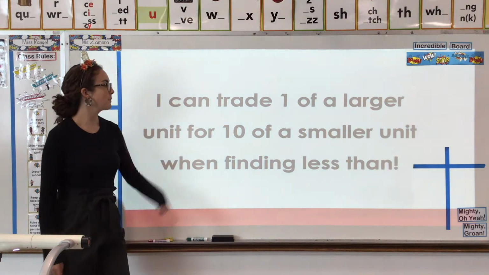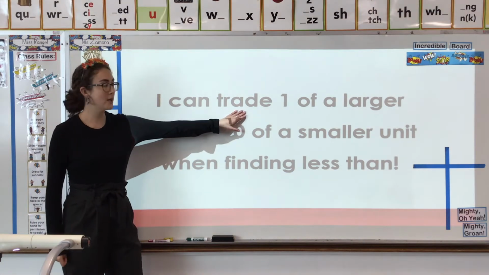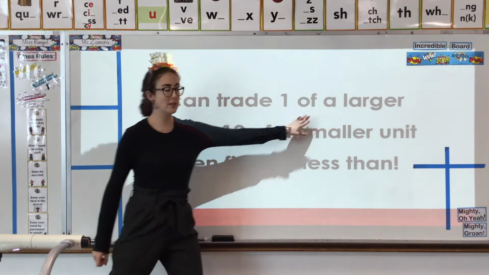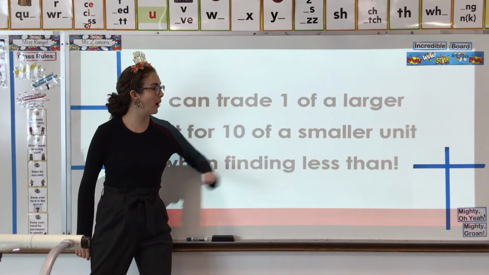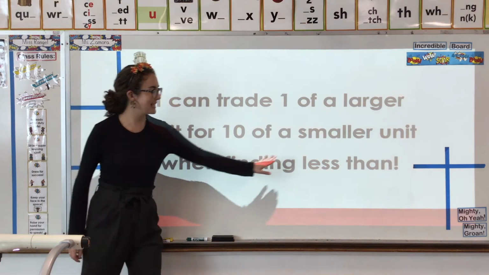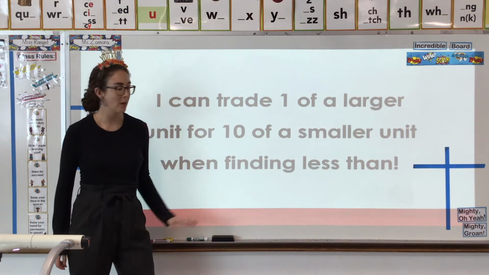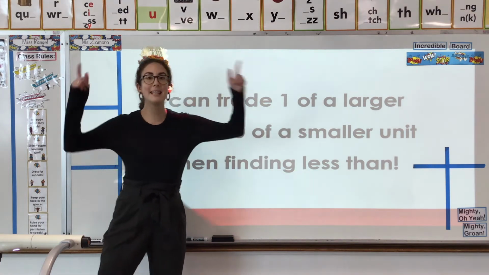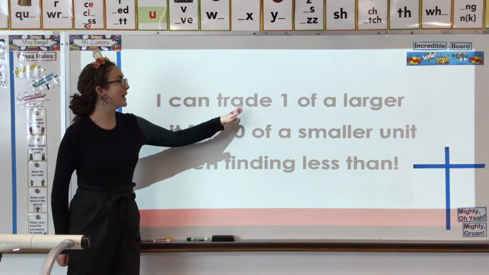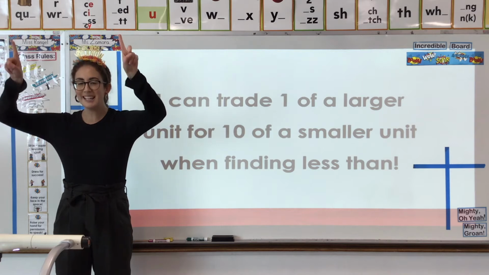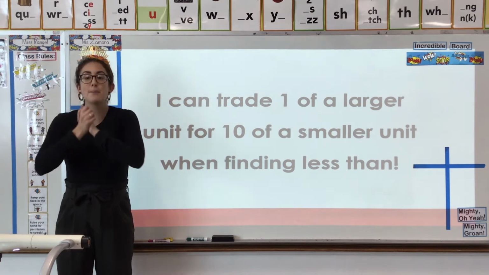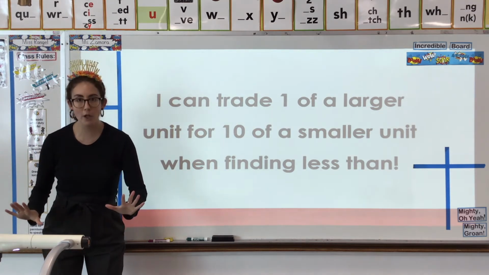It says, I can trade 1 of a larger unit for 10 of a smaller unit when finding less than. So as we're working with less than today, we're going to have to trade or unbundle 1 of a larger unit to make 10 of a smaller unit.